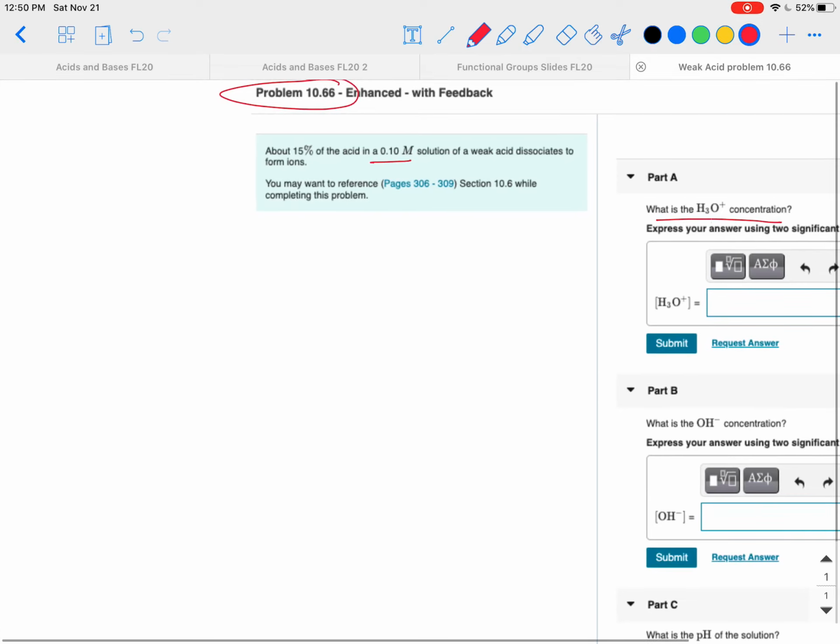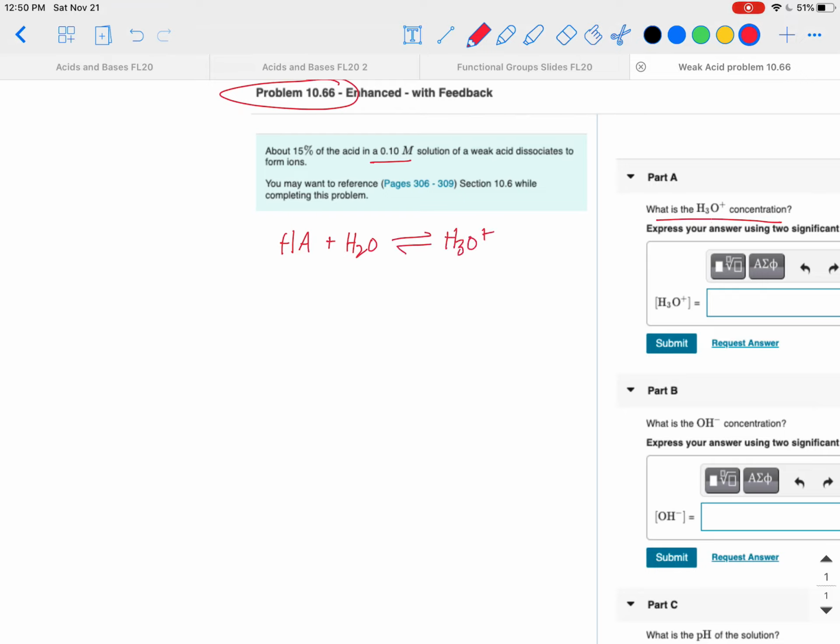All right. So if you remember, we need to write an equilibrium expression for this. We have Ka. If we have some weak acid, let me write the equation first. We don't know what weak acid it is. It just says HA plus water. It's always in an aqueous solution. Double arrow, because it's a weak acid, makes H3O plus, because water is the base.